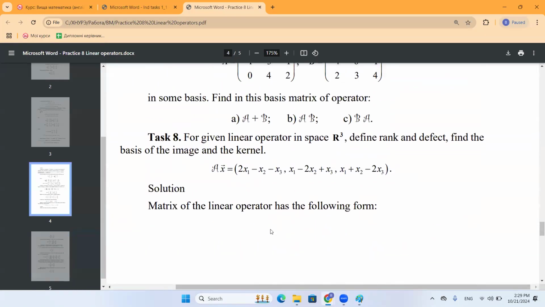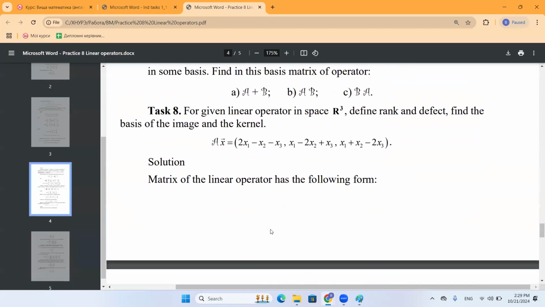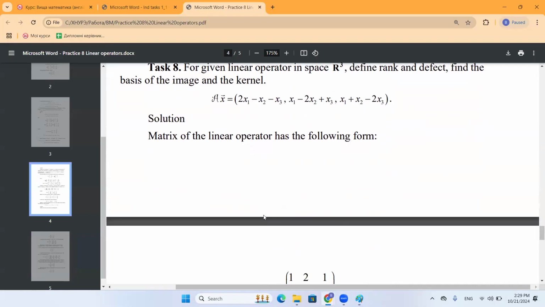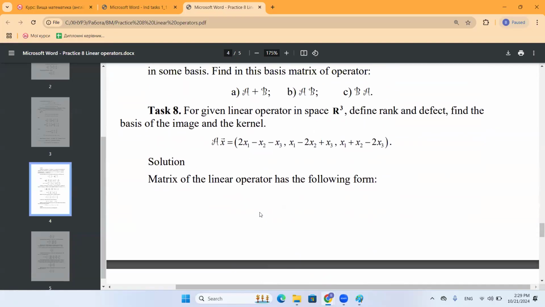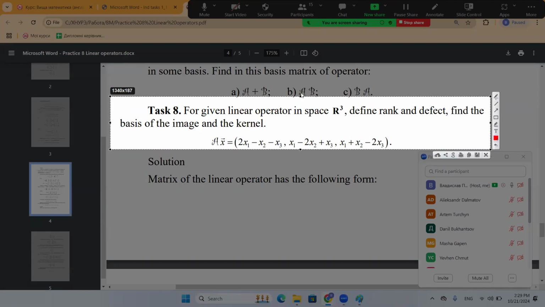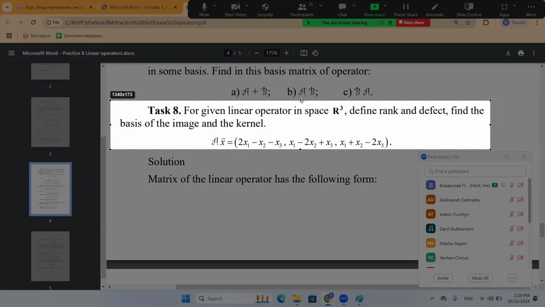Okay, by the way, what do you remember about matrix image, kernel, rank, defect? Okay, you don't remember.